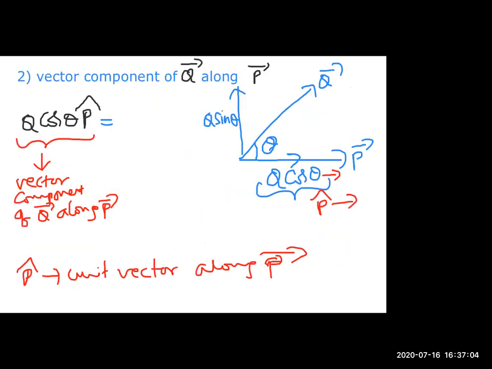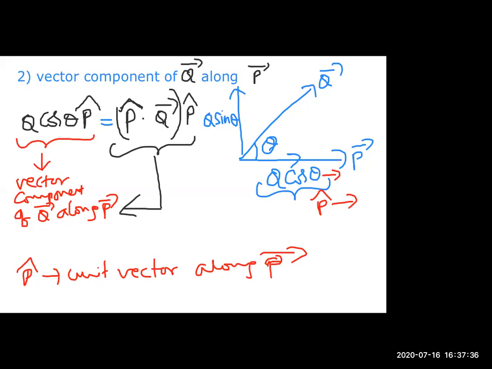What will happen? P cap dot Q bar into what we have here, which is Q cos theta into P cap. This total is called the vector component of Q bar along P bar.